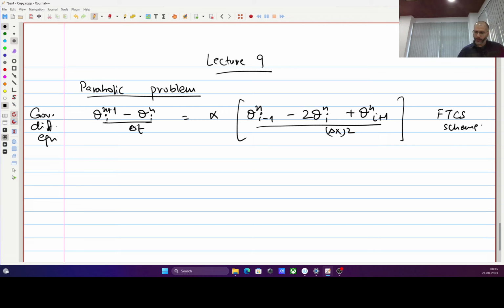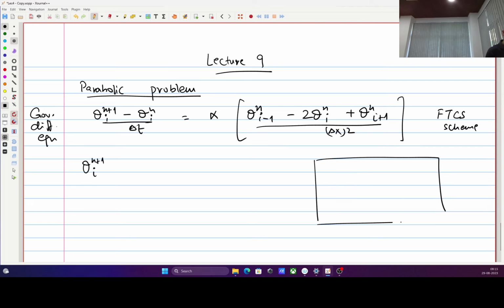Now if we write it in the form of unknowns on the left hand side and knowns on the right hand side, what we get is theta n plus 1 I on the left hand side, because that is the only unknown here.